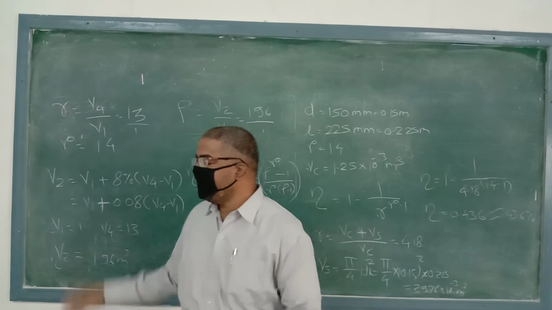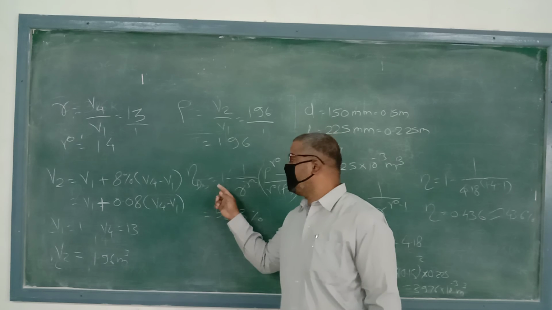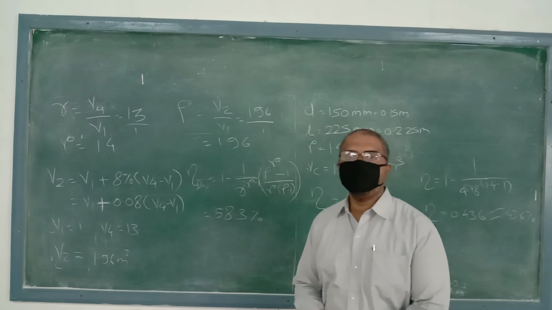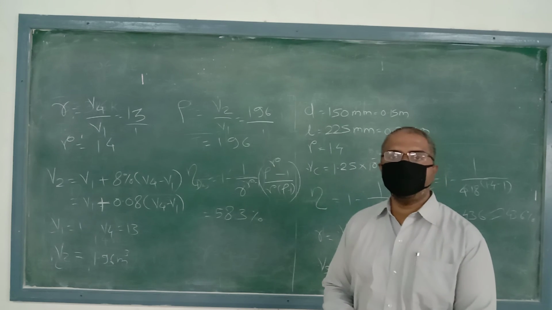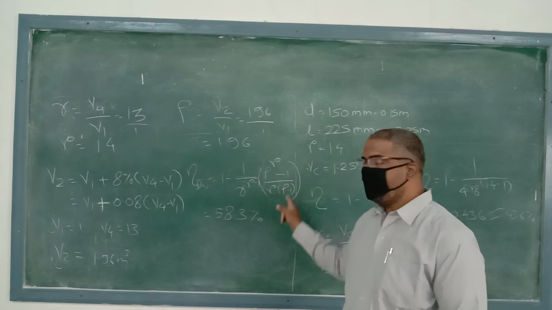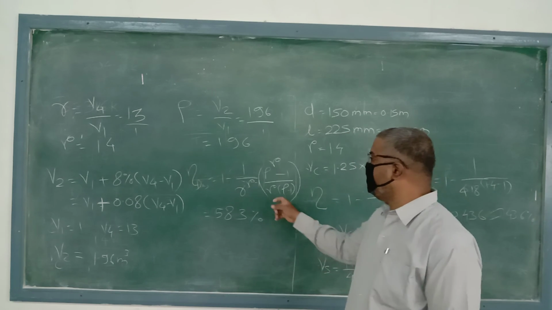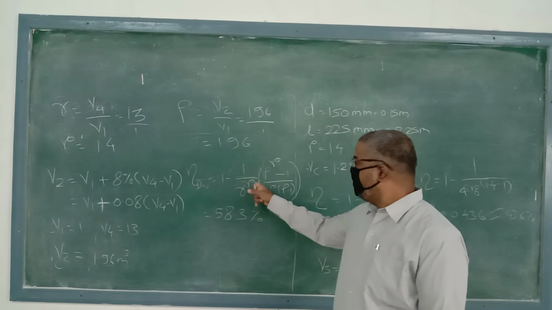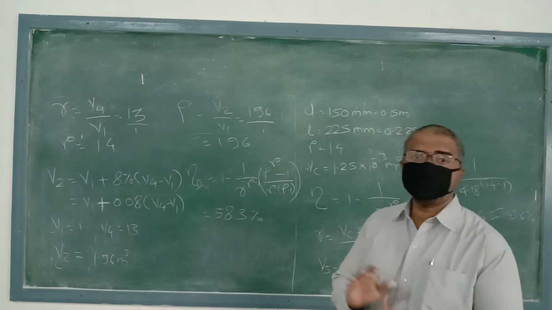Next we are finding the efficiency of the diesel cycle. We have the formula of efficiency of diesel cycle, 1 minus 1 upon R raised to gamma minus 1 into cutoff ratio raised to gamma minus 1 upon gamma into cutoff ratio minus 1. So in this problem they have given the value of compression ratio, value of gamma only, cutoff ratio is unknown.